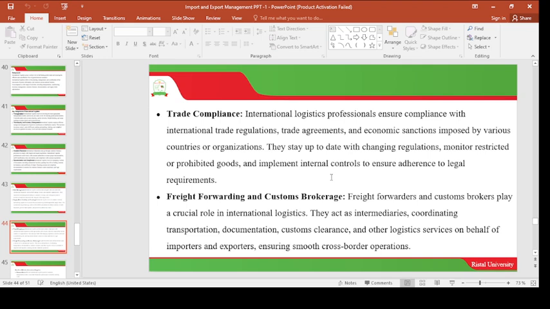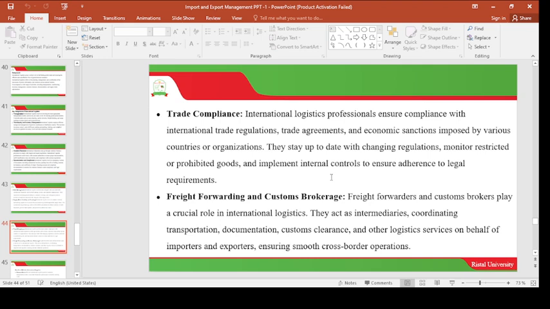For example, if a country is sanctioned not to purchase a given product or good, the international logistics people who move these goods should respect the restrictions imposed on this country, to avoid facing the law due to non-compliance, to avoid making losses, and to avoid losing their reputation or getting a bad reputation for their organization.